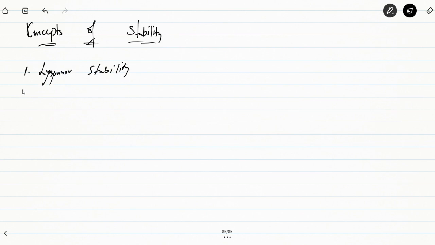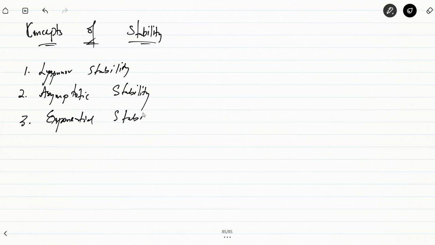We'll be defining stability now for nonlinear systems, and we'll be basically looking into three different types of stability: the Lyapunov stability, the asymptotic stability, the exponential stability, and also the global asymptotic stability.